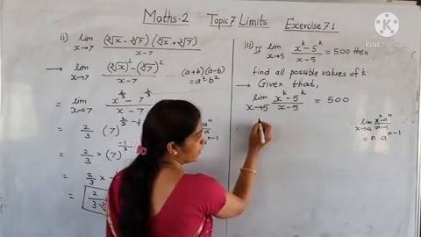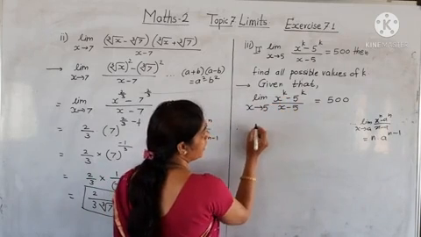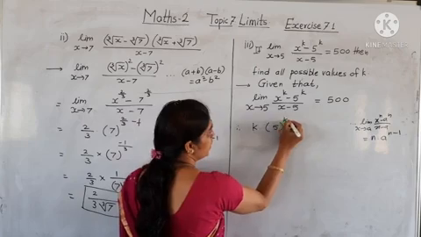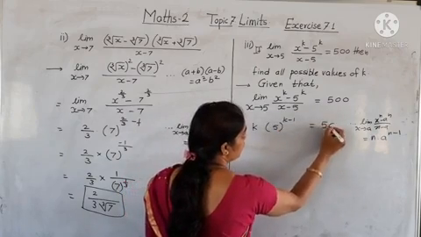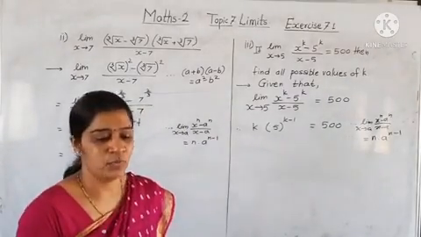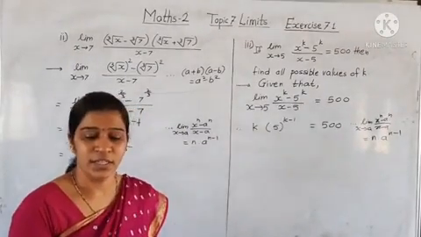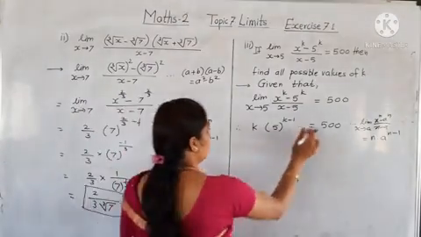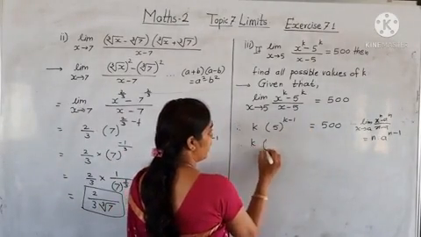So what is n here? K. k into 5 raised to k minus 1 is equal to 500. We write this as k into 5 raised to k minus 1 is equal to 500. Now we have to find the value of k.